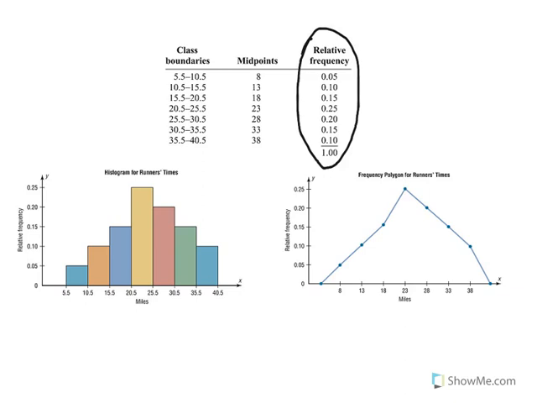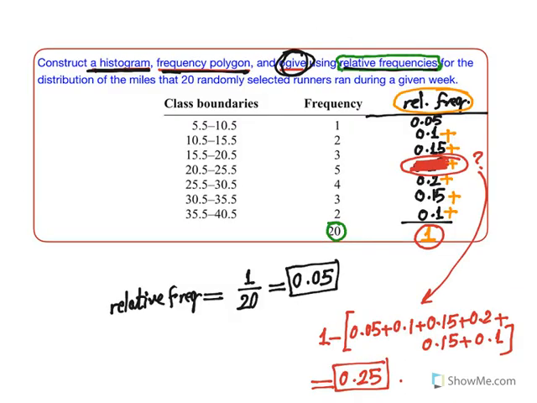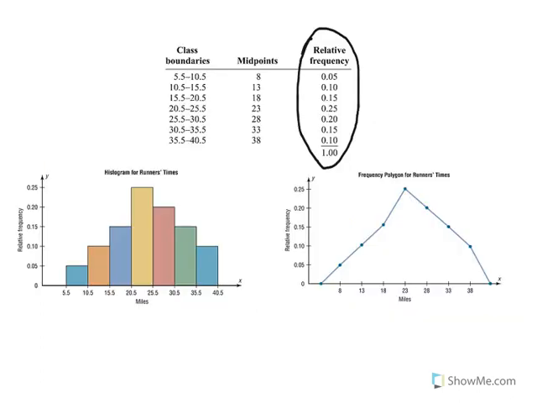Now, for us, what's important in this question is that they asked about relative frequency graphs. That's why we replaced the frequency by the relative frequency. And it's nice also that here it tells you that they add up to 1, so it's good.